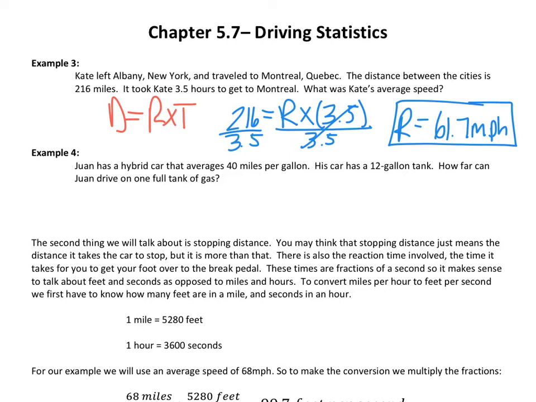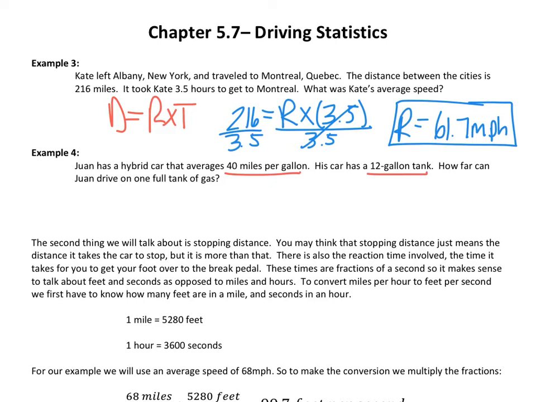This last question deals with miles per gallon. We already did this when you selected vehicles when we were doing the notes. Basically, if you get an average of 40 miles per gallon and it's a 12-gallon tank, how far can you drive? At 40 miles per gallon, that is a rate for 12 gallons.